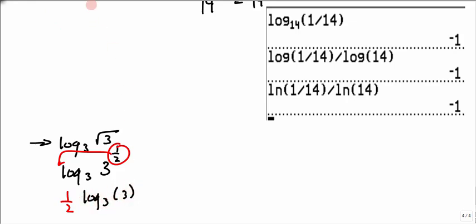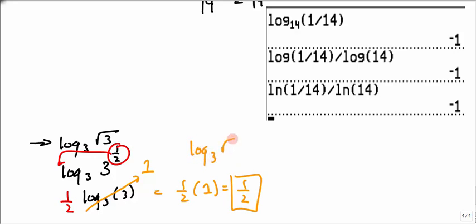And we know log base 3 of 3 is equal to 1 from my list of values at the very beginning, because 3 to the first power is 3. So I'm left with 1/2 times 1, or 1/2. So log base 3 of the square root of 3 is equal to 1/2.